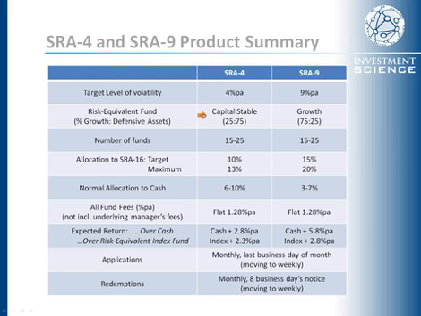So the 4 is equivalent to a Capital Stable fund, and the 9 is equivalent to a growth fund with 25% growth assets and 75% growth assets respectively. The way that's comprised is investments in 15 to 25 funds.